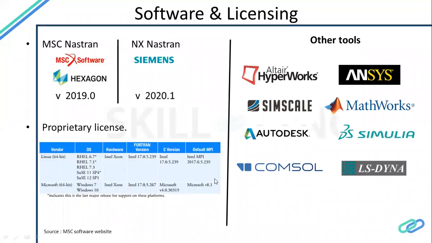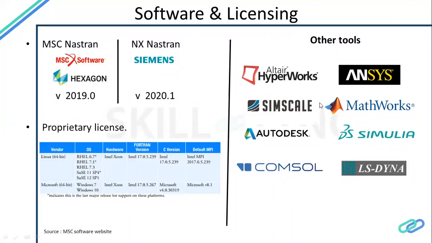What are the other tools, other than Nastran and MSC, which are already in the industry? We can say they are competitors of Nastran. Altair HyperWorks is a company which has almost all types of tools that can support all types of analysis. ANSYS is also a simulation software company.